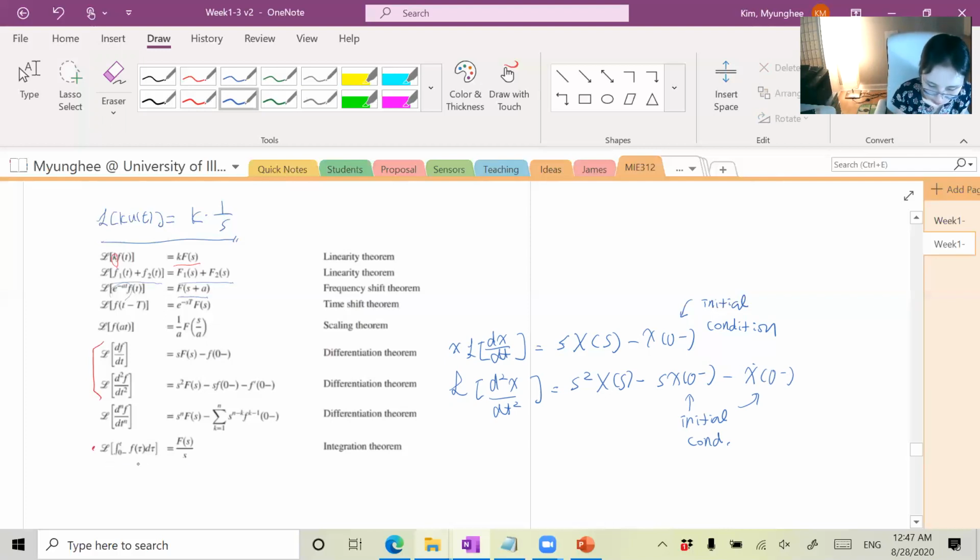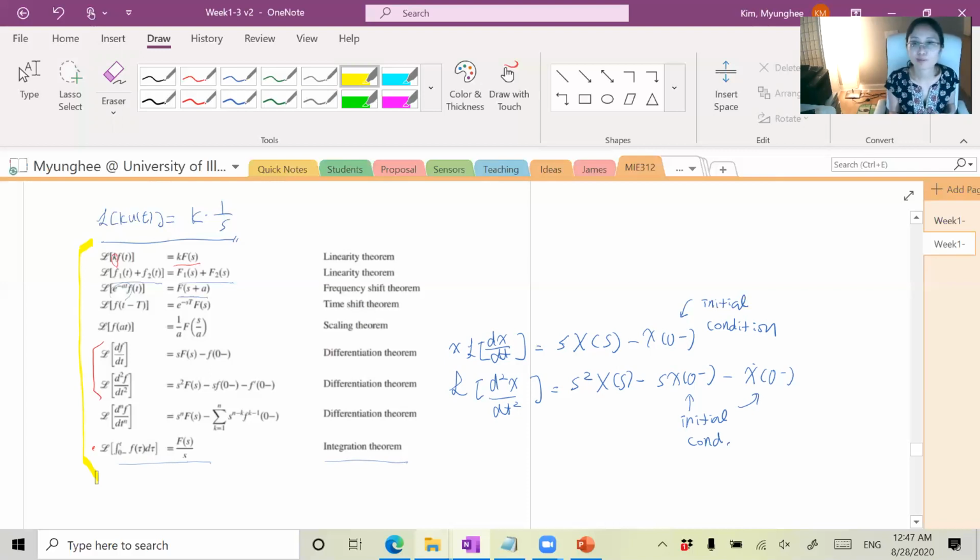And also you use this integral theorem a lot to design a controller with an integrator. So please try to use this table.